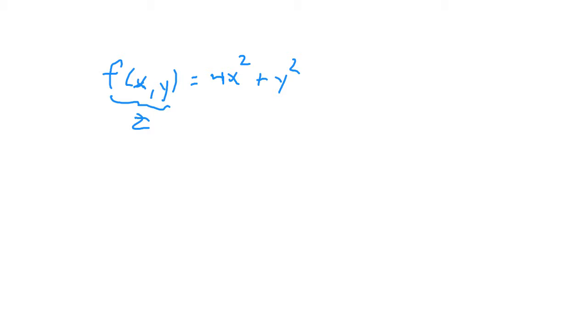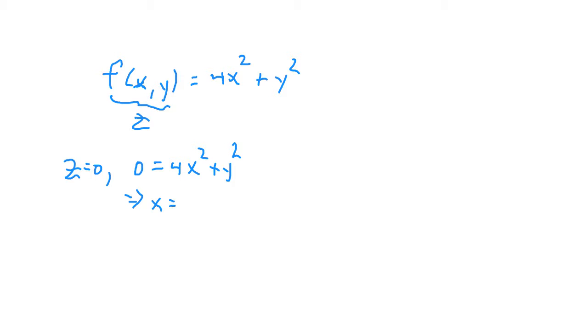So how would we graph this? Well, let's say that z equals 0. If z equals 0, then we have 0 equals 4x squared plus y squared. And so what does this imply about x and y?